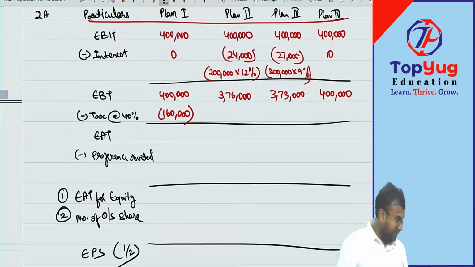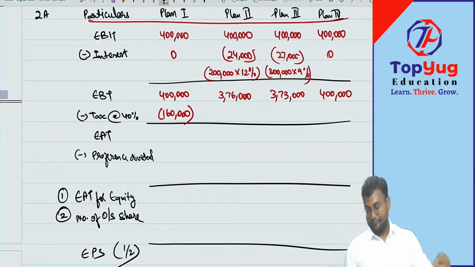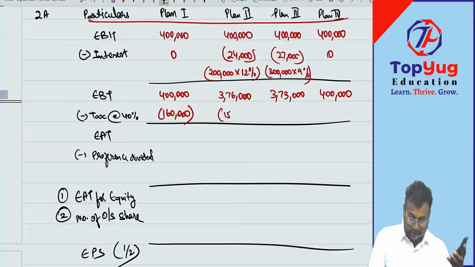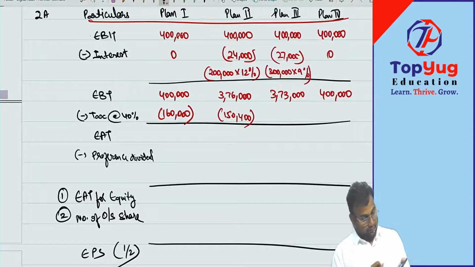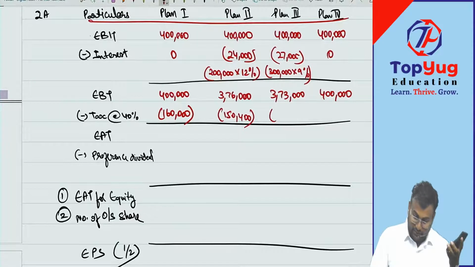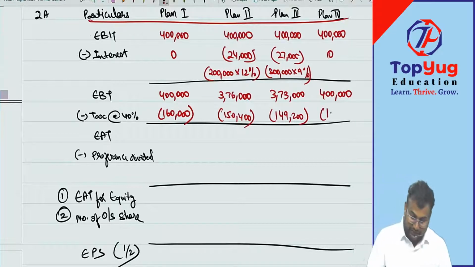Yes. Can somebody tell me the calculation for 376 also? So it is 376 into 0.4, 1 lakh 50,400, right? Then 373 into 0.4, 1 lakh 60 again.